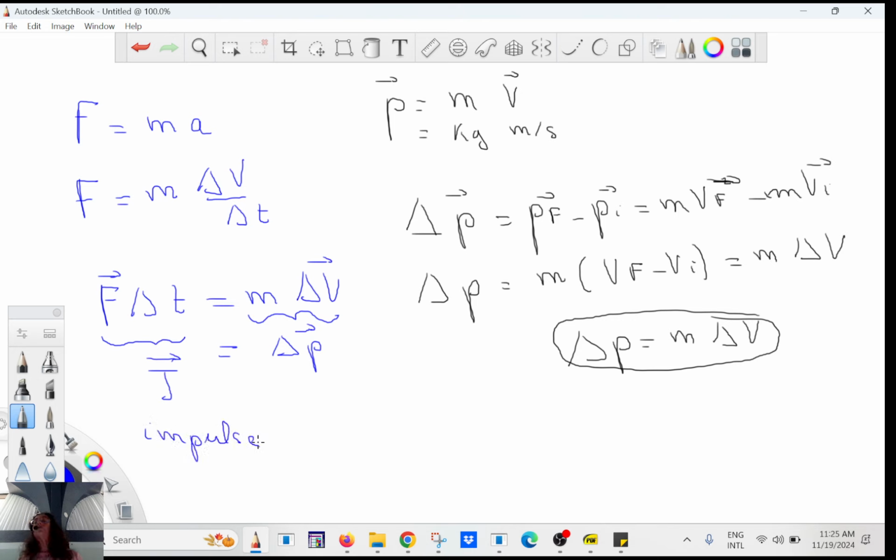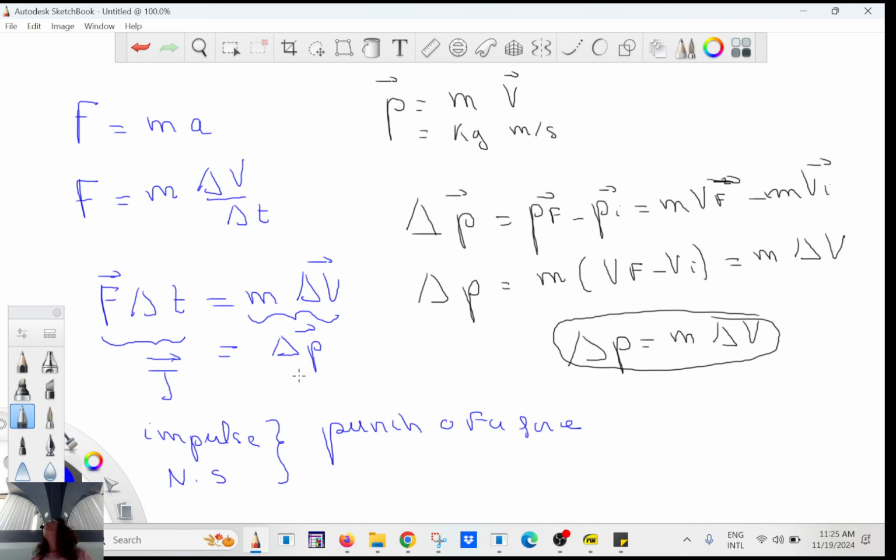You can always check your equation sheet as we go along. Impulse, Newton-second. So what's the impulse? You can think of that as a way to measure the punch of the force. If there is an impulse, there will be a change in momentum.